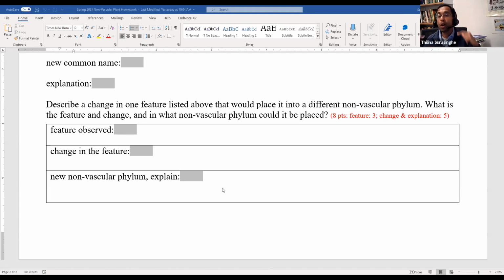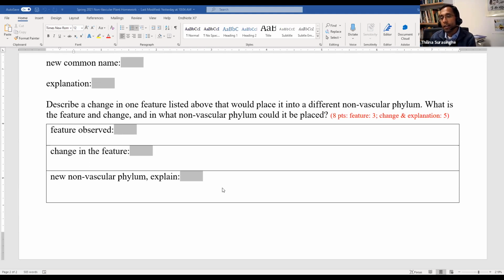It's your job to come up with what feature might change your mind from A to B, and with that change, what phylum would you assign it to? And it has to be a non-vascular phylum. That's what we are looking for.